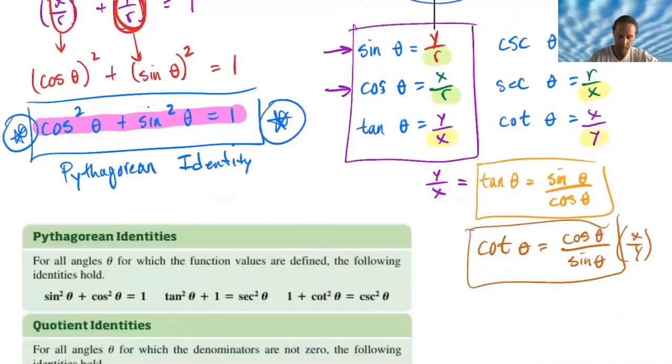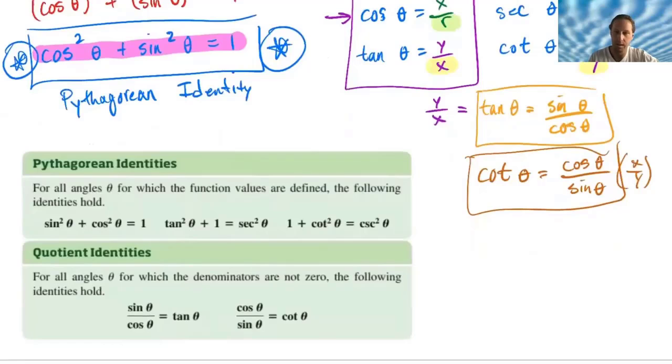Okay, so you can see these Pythagorean identities and these other ones that I just derived with you called quotient identities. And the one I told you have to memorize for this is sine squared plus cosine squared equals 1, which we just derived. Okay, now what about the other ones? Well, don't forget, I just gave you the tangent is sine over cosine, and the cotangent is cosine over sine. Quick little proof there.